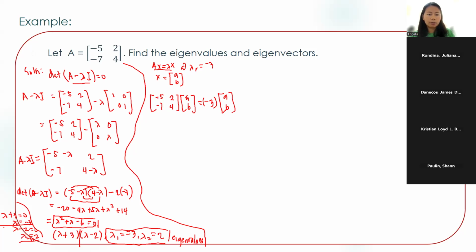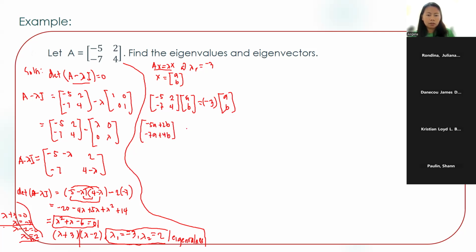Right? Now we compute negative 5 times A plus 2 times B. So we have negative 5A plus 2B. We cannot merge this one. No? They have different variables. Next, we have negative 7A plus 4B.